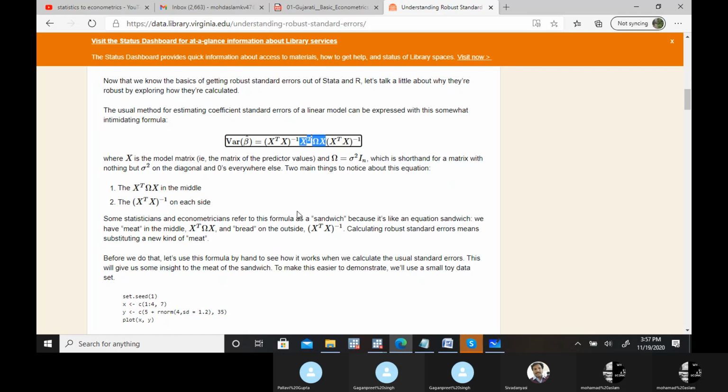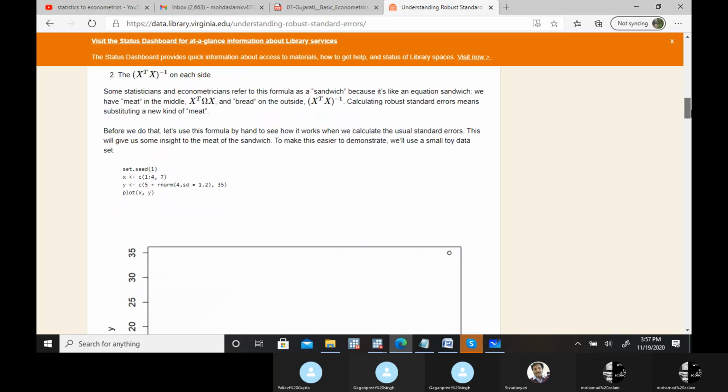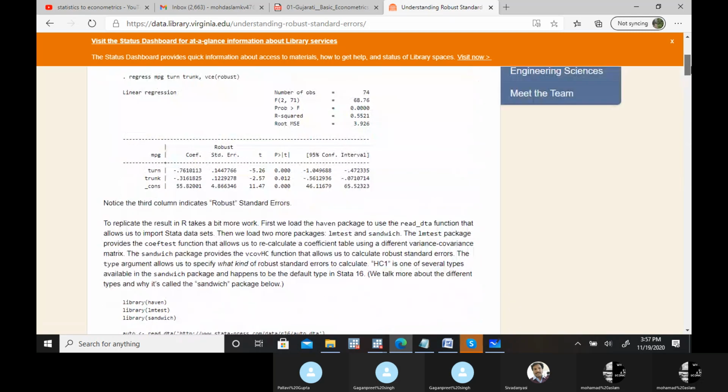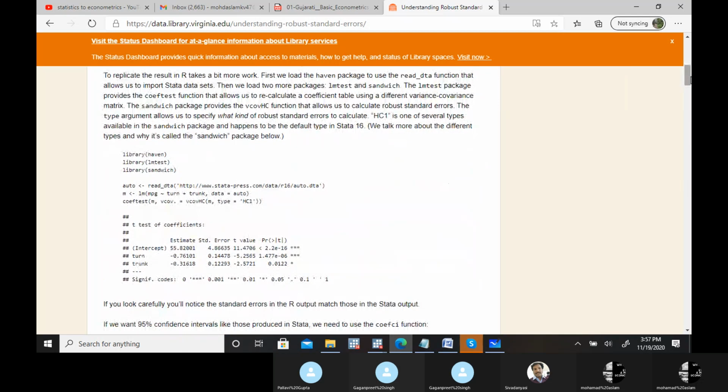So you can go through this document and try to understand it, or any other standard source. Although I don't think textbooks provide it. Pindyck, Wooldridge, Gujarati in the heteroscedasticity chapter, I don't think they provided this detail.